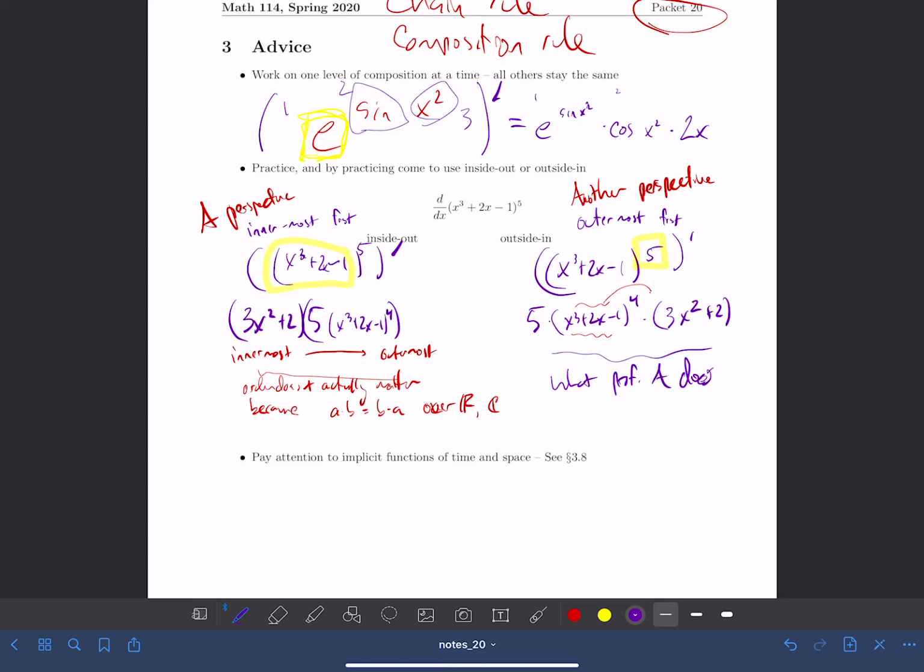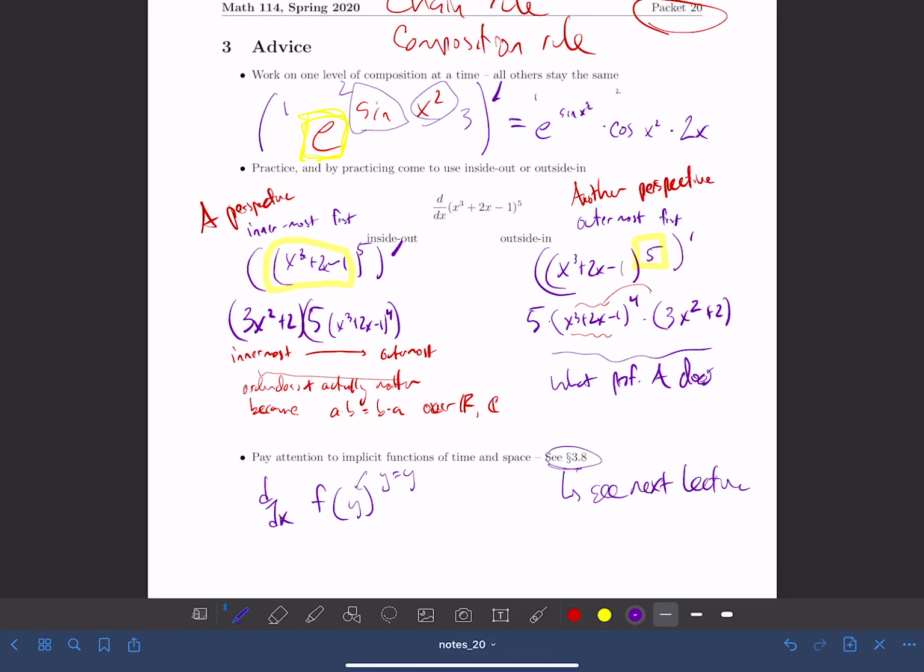This last statement here, pay attention to implicit functions of time and space, is a note leading forward to the next lecture. That is to say, as a preview, if I'm taking the derivative with respect to x of some expression f of y, where's the x?